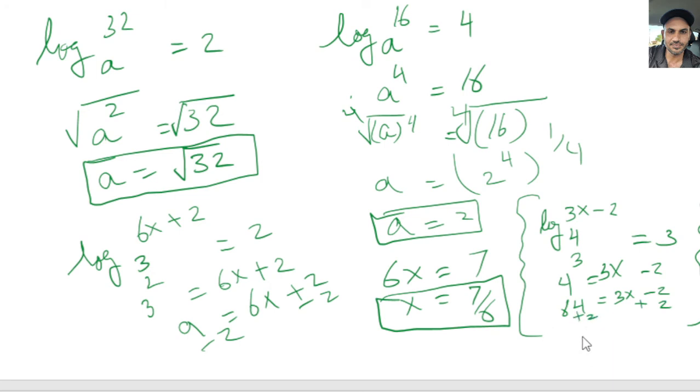So you have 66 equals 3x, and then you divide by 3 on both sides. I hope you can see that. So you get x equals 22 from here. So that's how we do it. Hopefully that helps.